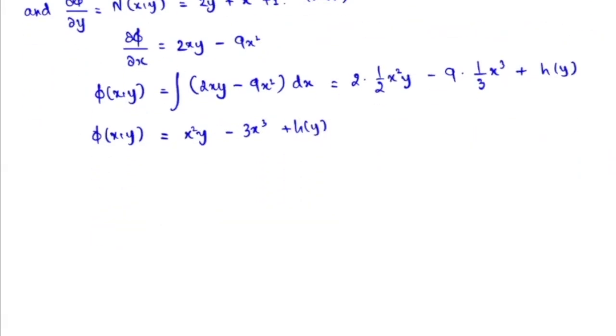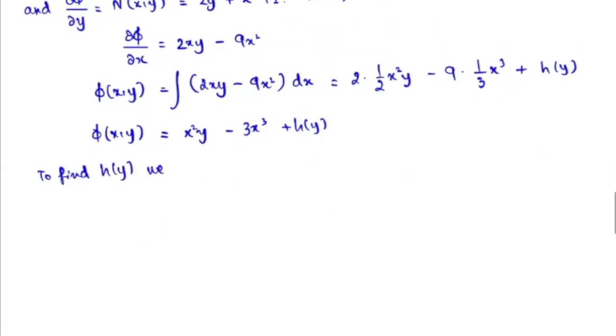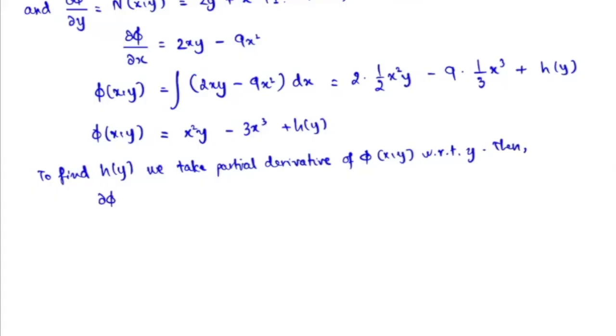So to find h of y, we take the partial derivative of phi of x comma y with respect to y. So partial phi partial y, take the partial derivative of this.